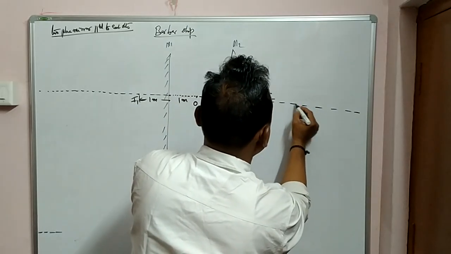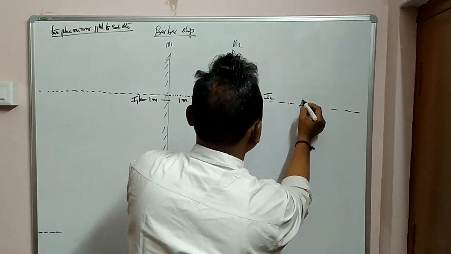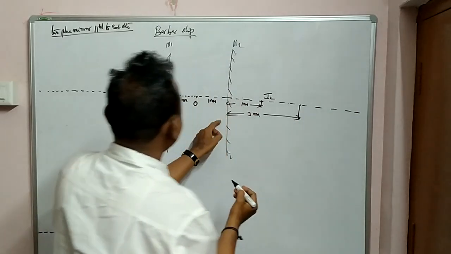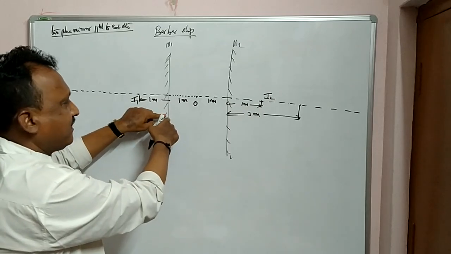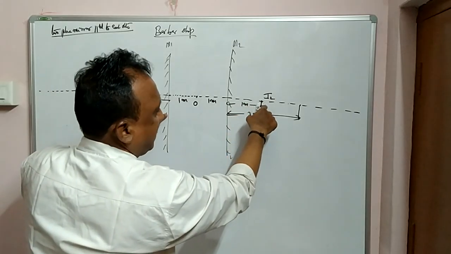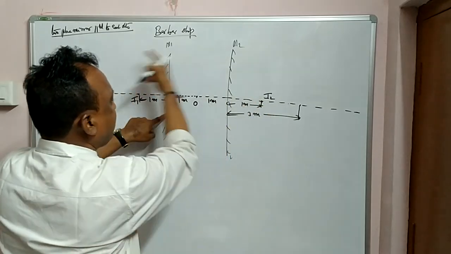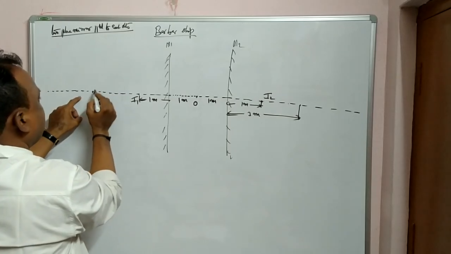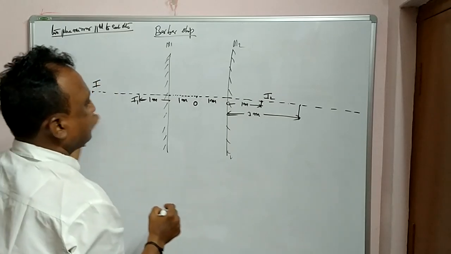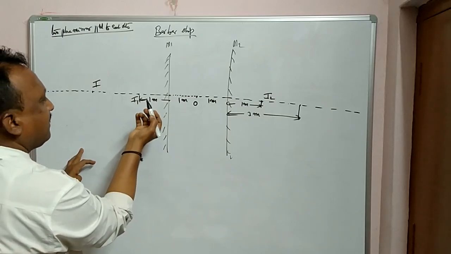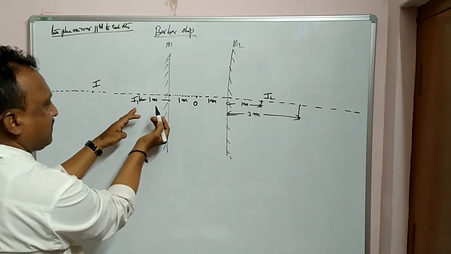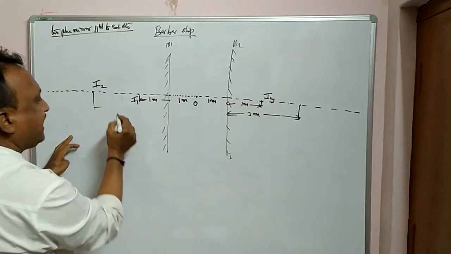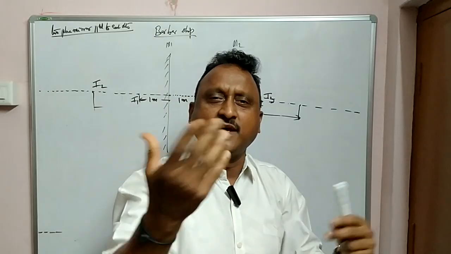In the same way for the first mirror, the other image again becomes a virtual object, so again the image forms at 1 plus 1 plus 1, at 3 meters. You can start from I2 or from here. This one is I2, this one is I3, and this story will continue on and on.